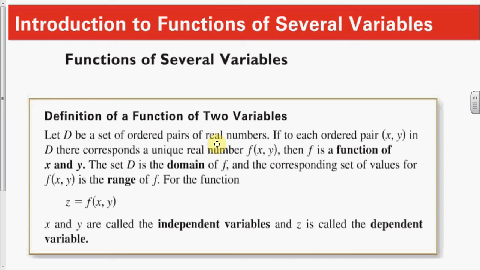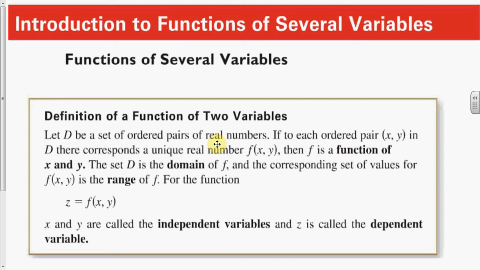So we let some superset D be a set of ordered pairs that consists of real numbers. We don't here for this definition talk about the set of complex numbers. We do that in another course, complex analysis.